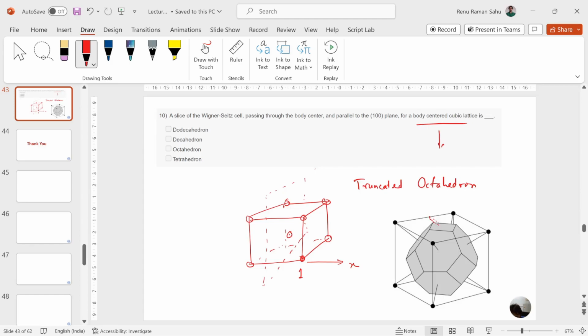Then if you cut along this plane, you are able to visualize it, right? Then what you will get is one, two, three, four. You will get 8 of those. So it will be your octahedron.